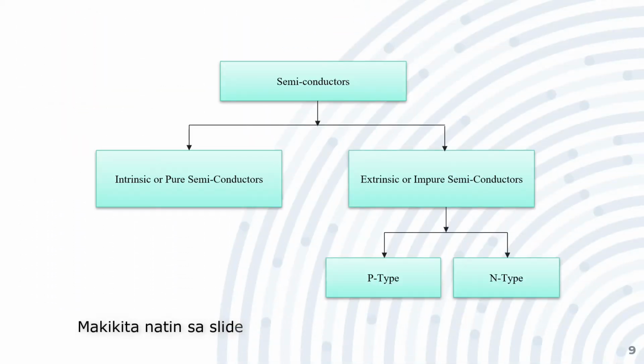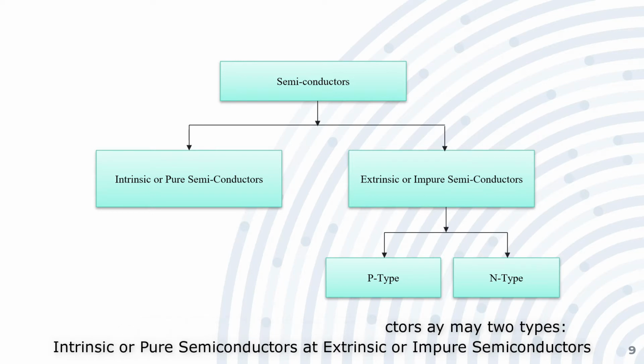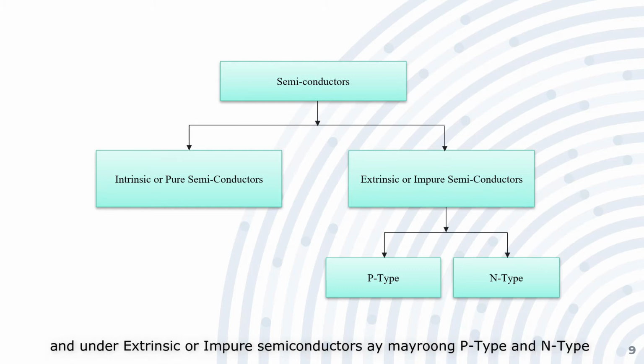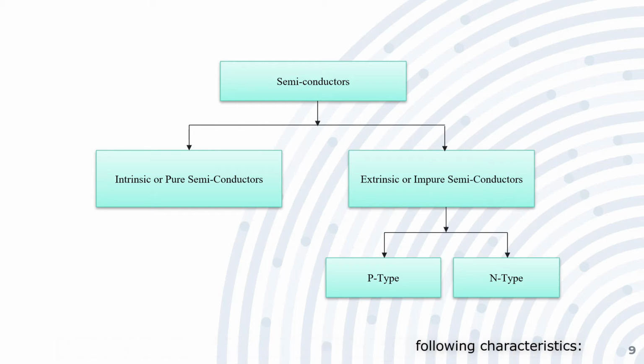Makikita natin sa slide na ang semiconductors ay may two types. Ito ang intrinsic or pure semiconductors at extrinsic or impure semiconductors. And under sa extrinsic or impure semiconductors ay merong P-type and N-type.